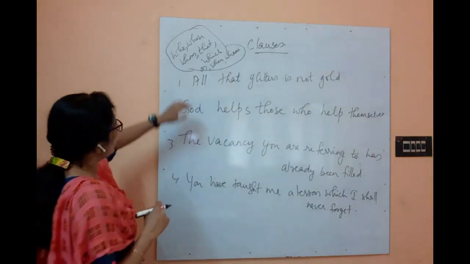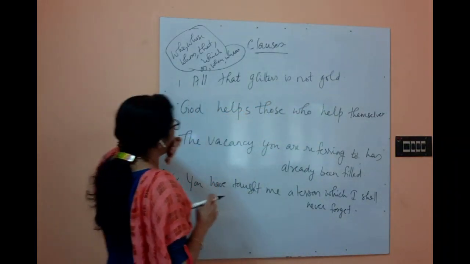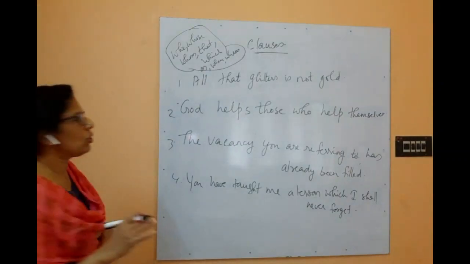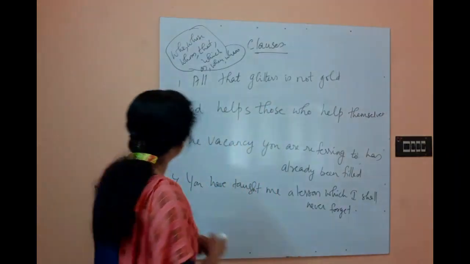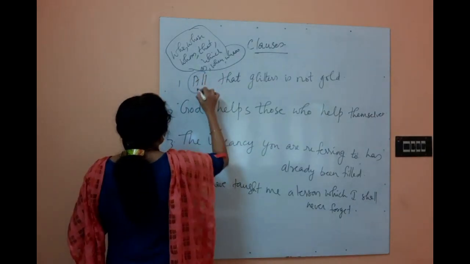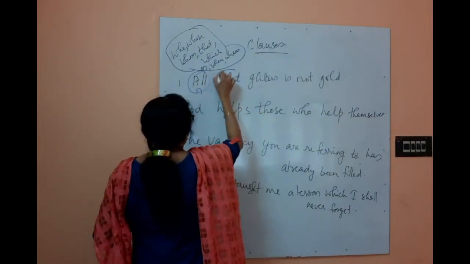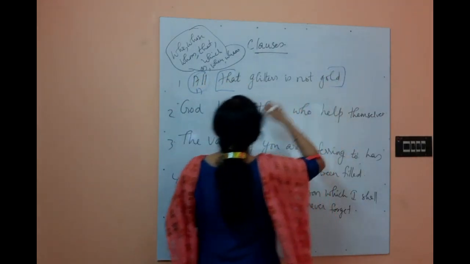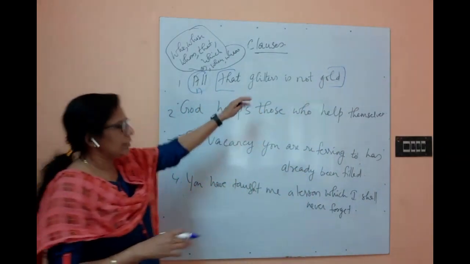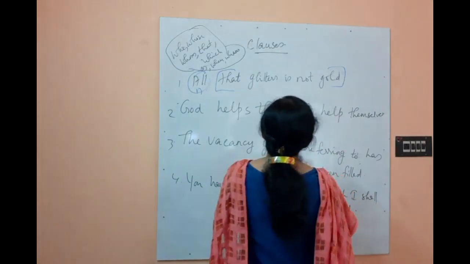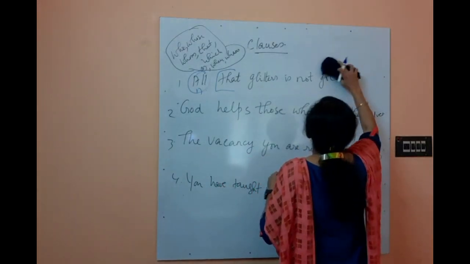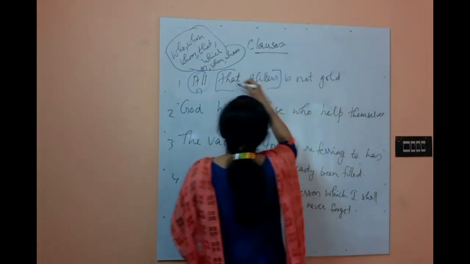So first one, all that glitters is not gold, and just before that, a noun will be placed. All is a noun. You pick out the whole thing: that glitters.